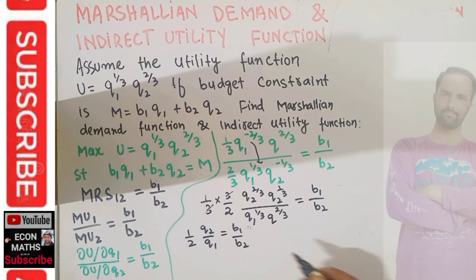Now let me write it here, we have Q2 will be equal to, transposing this here, so it will become Q1 times B1 upon B2 times this 2.